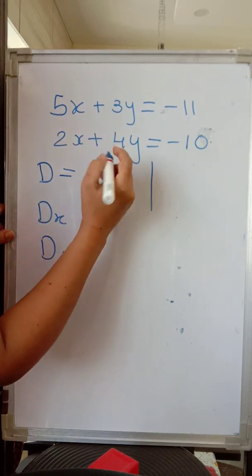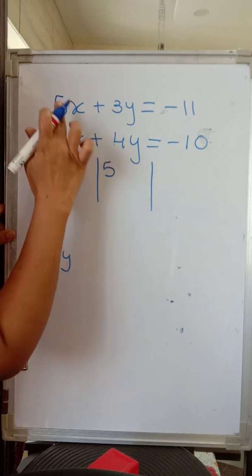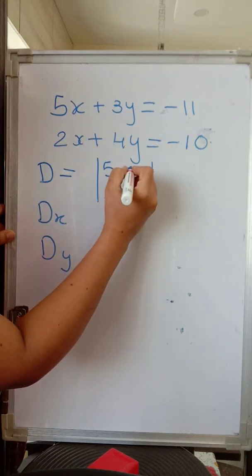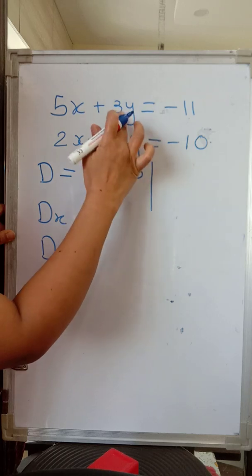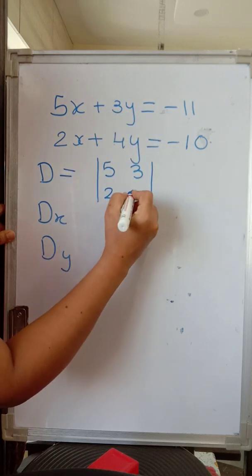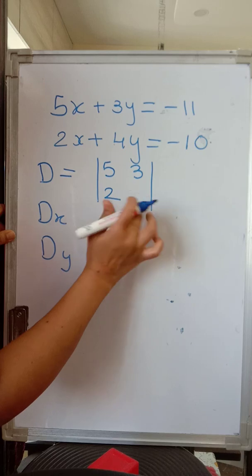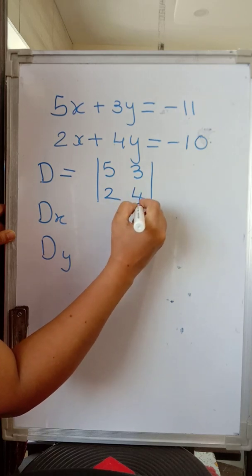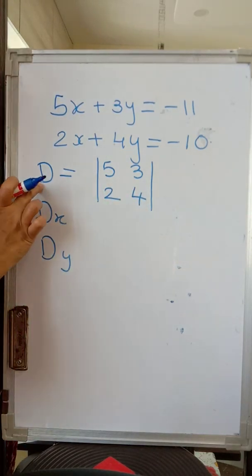First the x coefficient, below that the second x coefficient, then the y coefficient of the first and the y coefficient of the second equation, that is 4.